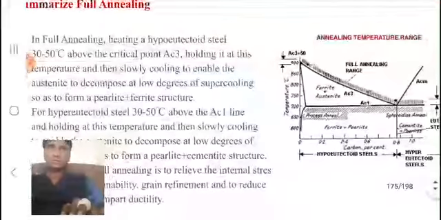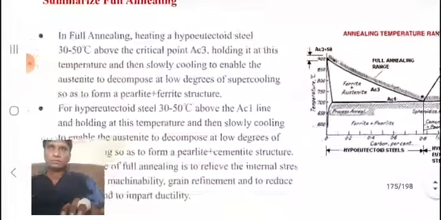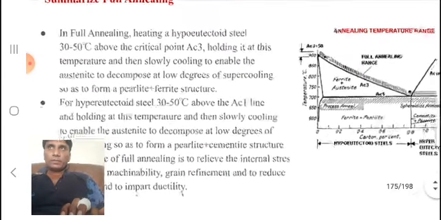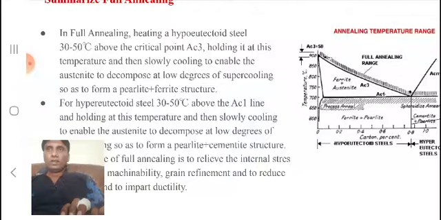So that is what is written here. In full annealing, a hypoeutectoid steel is heated 30 to 50 degrees centigrade above the critical point, that is the A3 line, held at this temperature and then slowly cooled to enable the austenite to decompose at low degrees of cooling to form a ferrite and pearlitic structure.